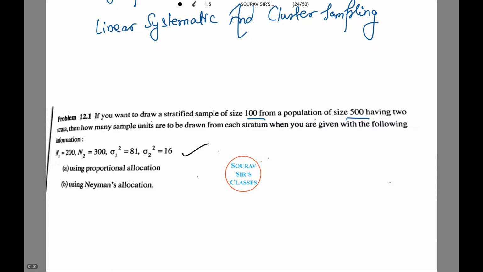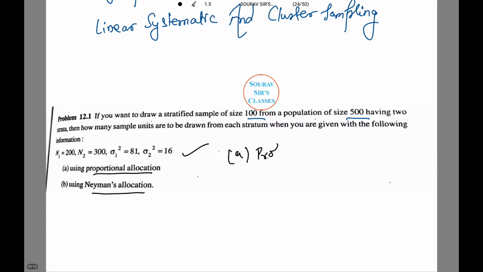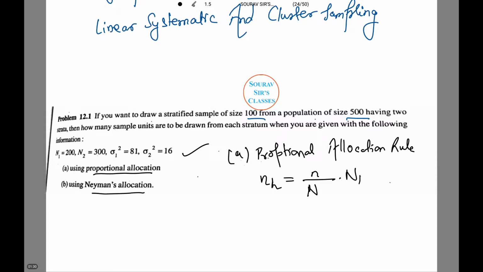We have to use two theories, proportional allocation and Neyman's allocation. Let's start off with the first one, proportional allocation rule, which is n_h equals small n by capital N into capital N_h.